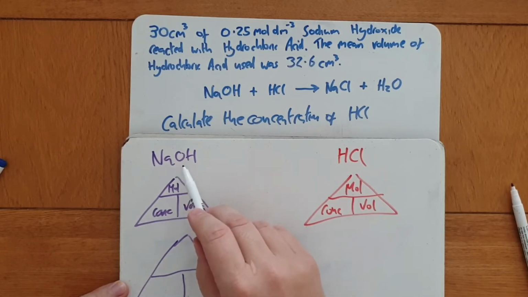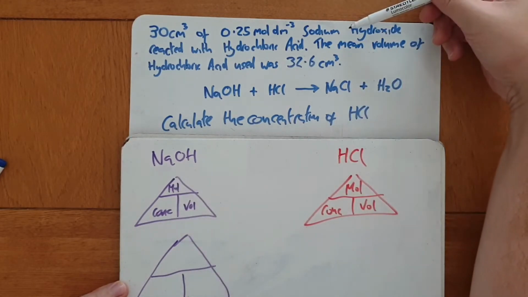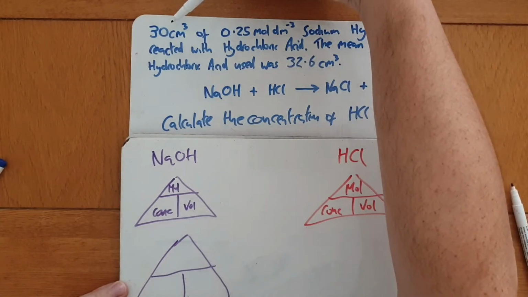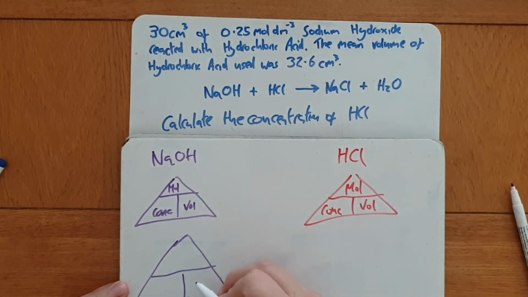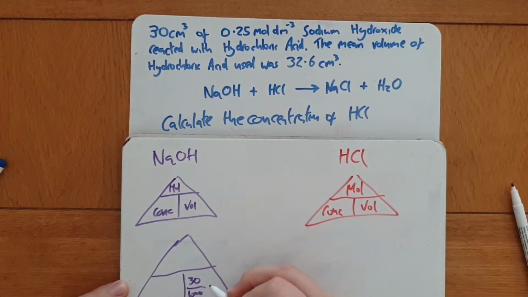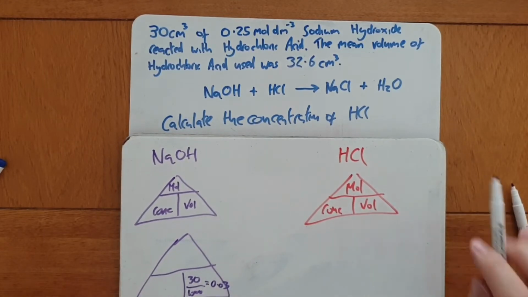What do we know about sodium hydroxide? Well, we know it was 30 centimeters cubed, so that's the volume of it. So we know 30, but it's in centimeters cubed, and we need to turn it to decimeters. So we do 30 divided by 1,000, which equals 0.03.